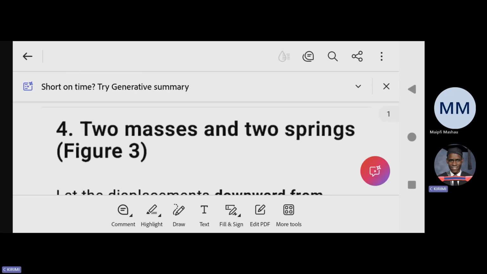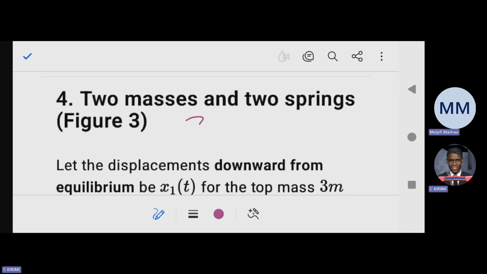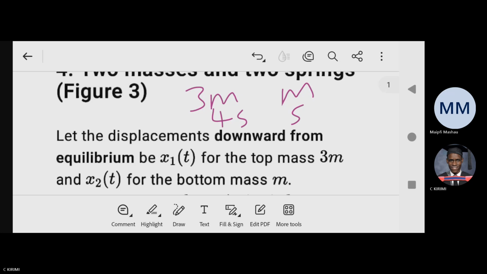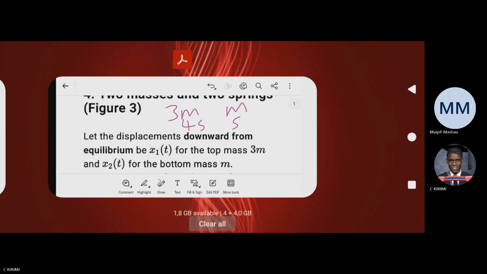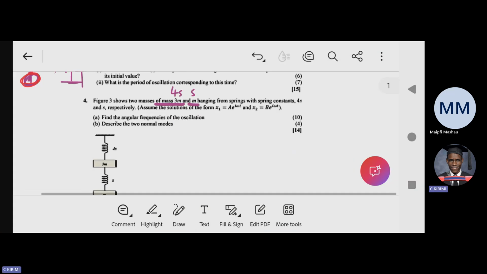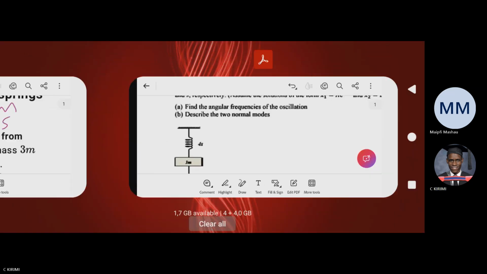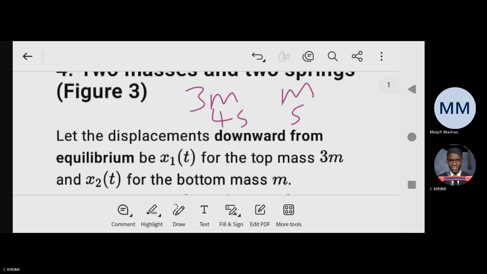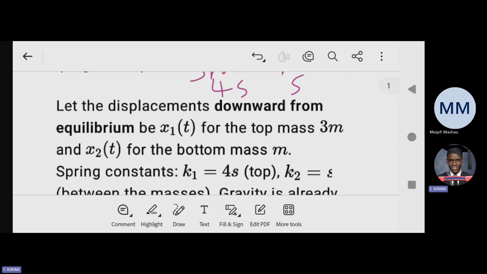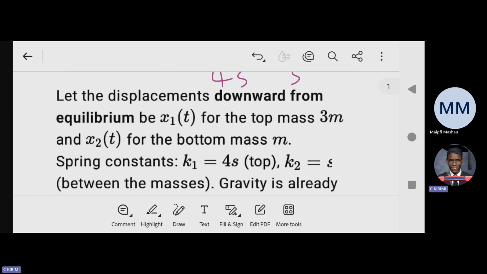The 2 masses are 3M and M, which correspond to the spring constants 4S and S. Let the displacements downward from the equilibrium position be x1 of t for the top mass 3M, and x2 for the bottom mass M.